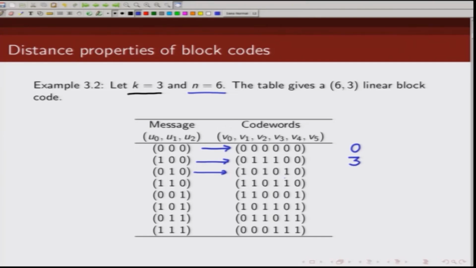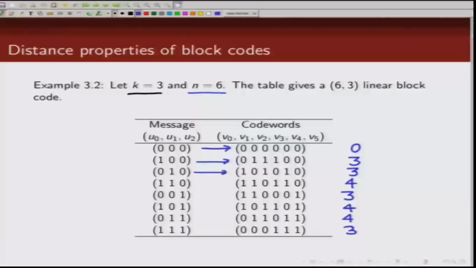This code word has 3 ones, so its Hamming weight is 3. This code word has 4 ones, so the Hamming weight is 4. This code word has 3 ones, so the Hamming weight is 3. This one similarly has Hamming weight 4, this one Hamming weight 4, and this one has Hamming weight 3.